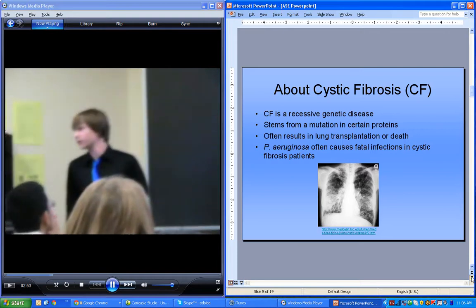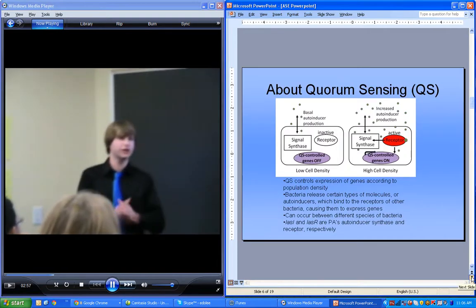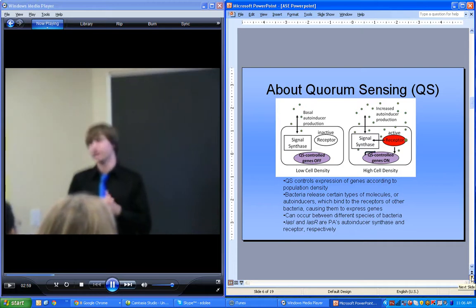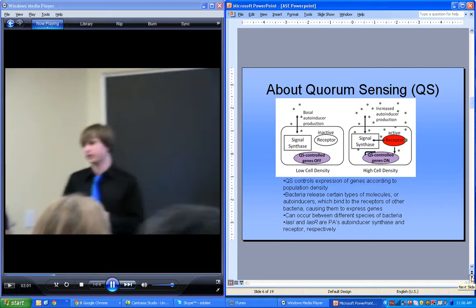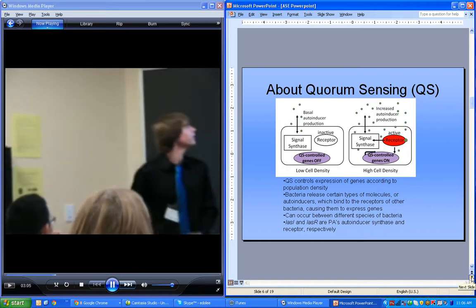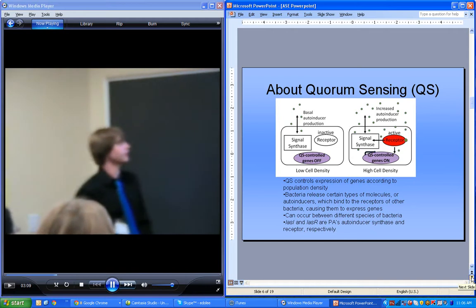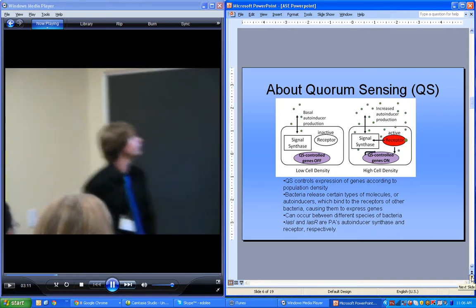And now about quorum-sensing. This is basically how bacteria communicate in response to cell density to express virulence genes. So you'll see here that signal synthase is producing autoinducers at a fairly low rate in response to the low cell density.